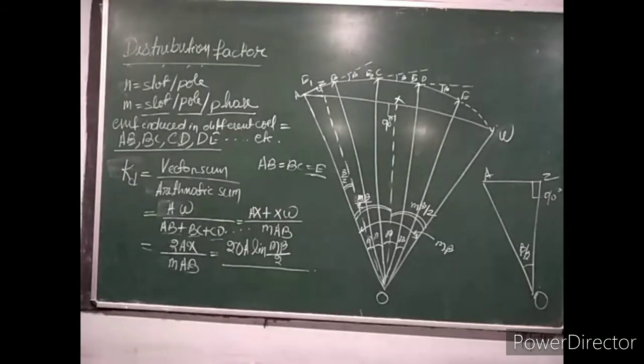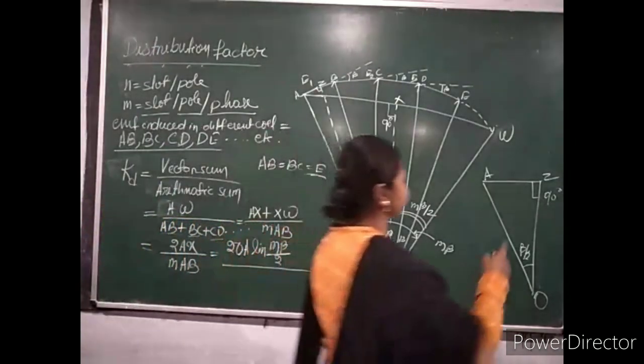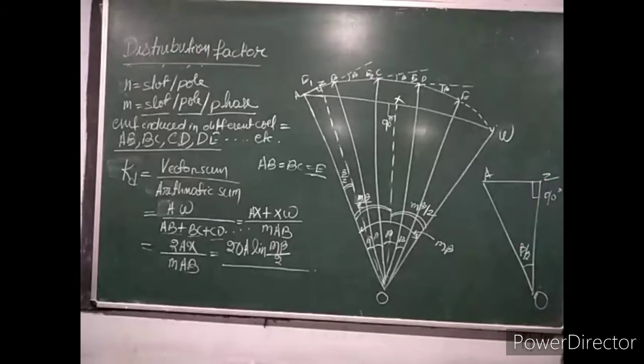Now how do you find AZ? It is the sinusoidal component. Its value is OA sin beta by 2.